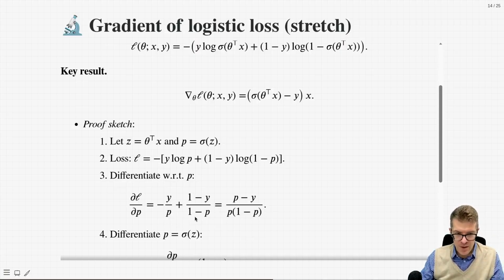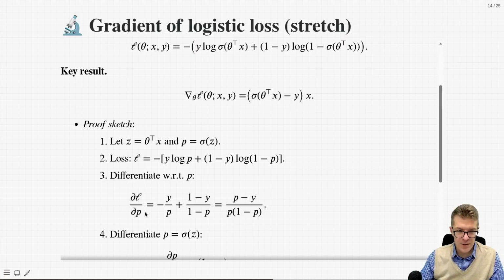This will give us a denominator of p times 1 minus p. And that's why both of these denominators have become p times 1 minus p, which is down here. Minus 1 minus p times y, plus p times 1 minus y. You can work this out yourself as an exercise. It becomes p minus y, and I'm done.